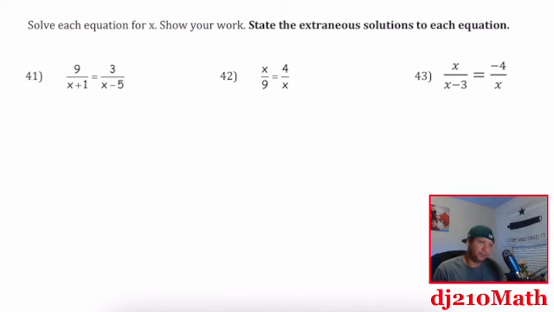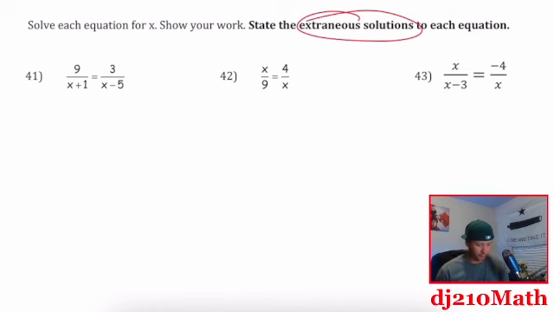Okay, so solve each equation for X. State the extraneous solutions to each equation. Okay, so extraneous, you may say, what is that? Normally we call this the excluded value. What they're saying is what X value makes the bottom 0, basically.